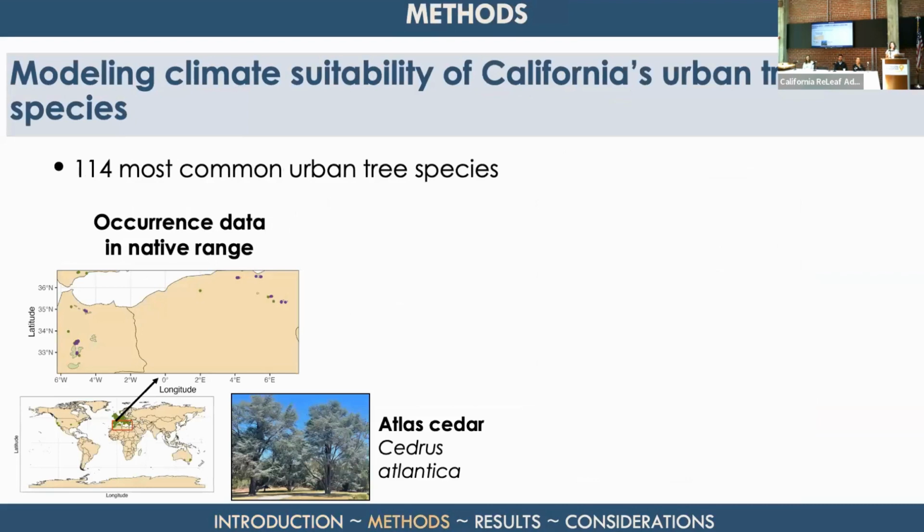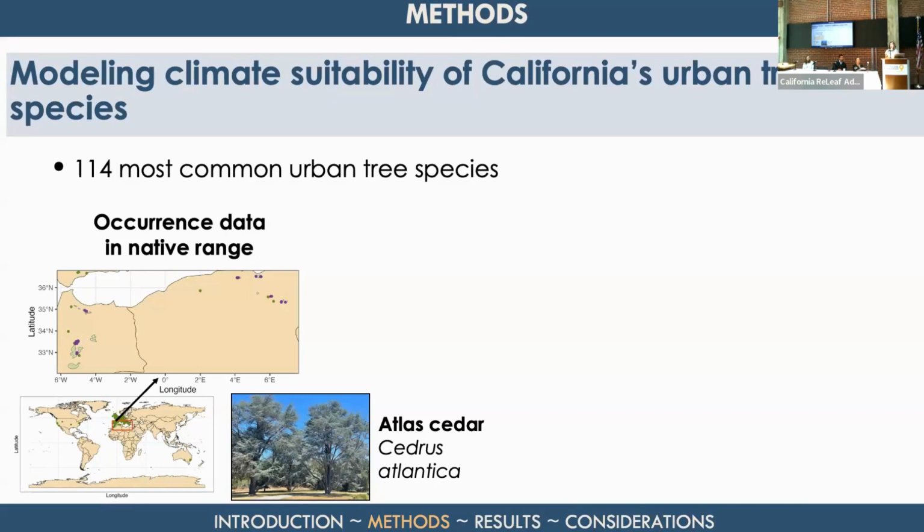So to do this, what we did was we gathered data for about 100 very commonly grown tree species in California for which we could find really good native range data. And what we did was we compared the climate that that species experiences and is theoretically adapted to in its native range to the different climate zones in California.